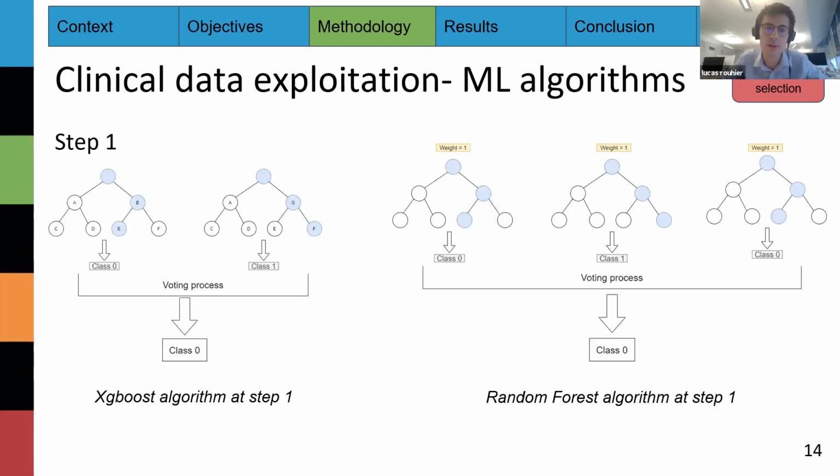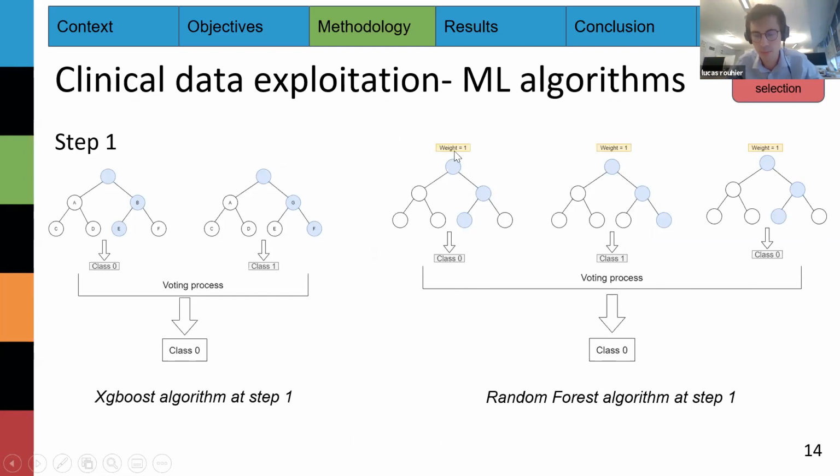About our algorithms, what is interesting is that we have two different types of construction. They are both ensembling algorithms, which means that there are a bunch of submodels that vote for an output, and the majority decides the model's final output. But for random forest, for example, you can see that all the trees are already there.